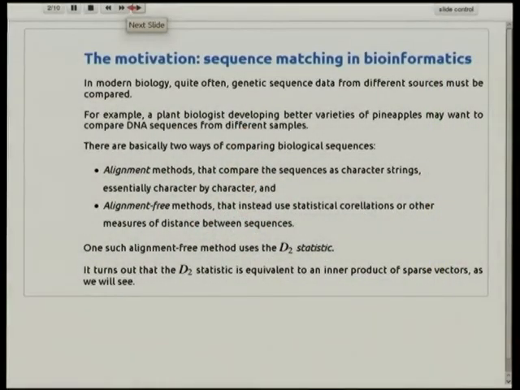Okay, so this talk is really about a particular application in bioinformatics, where you are comparing two biological sequences. For example, I'm going to say they're DNA sequences, but you could actually compare proteins and use the same sort of mathematical structure. The idea is that there are two ways of comparing biological sequences.